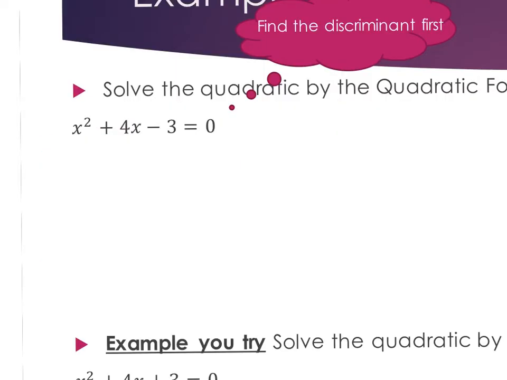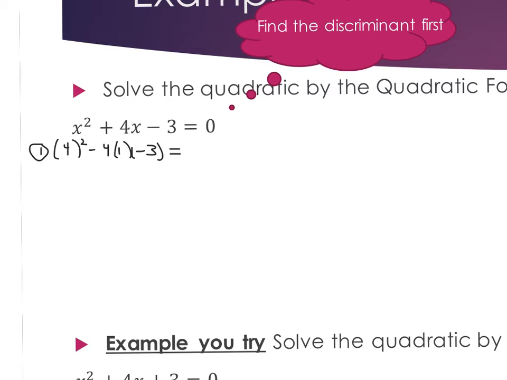The first thing you'll want to do is ask yourself, is my equation equal to 0? And in this case, yes. The first step is we're going to find the discriminant. This is going to tell me whether or not I can stop or I can keep going. So our discriminant, we're going to take the b value, 4 squared minus 4 times a, which is 1, times c, negative 3.